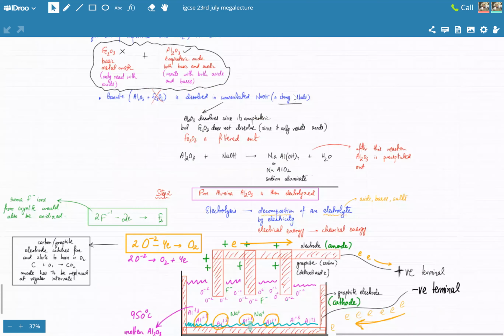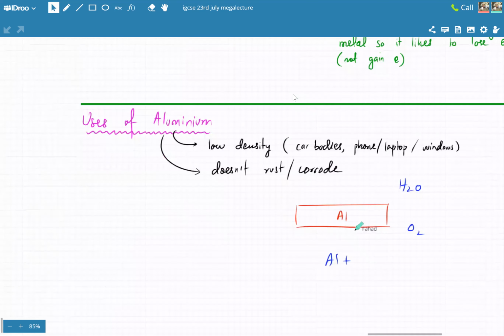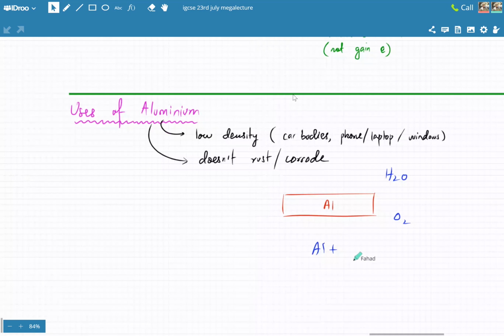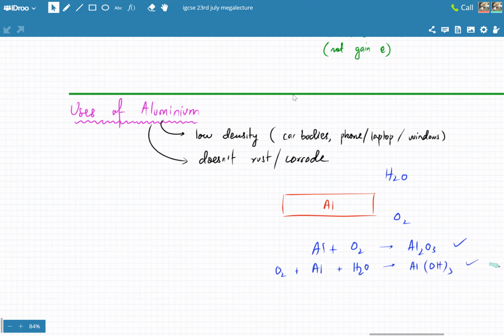But apparently it doesn't rust, doesn't corrode. Why is that? It does react. It quickly starts reacting, immediately starting to form oxides. It would react with water and do pretty much the same thing. Add O2 and it would form aluminium hydroxides and oxides. So these reactions are going to happen.